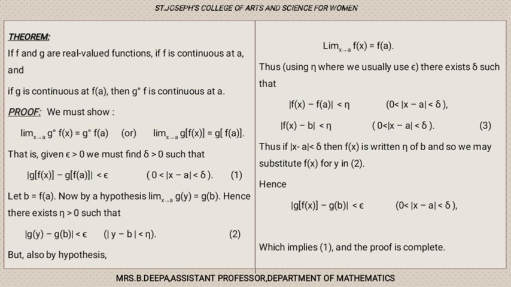We know that f of a equals b, so modulus of f of x minus b is less than eta. Thus, if modulus of x minus a is less than delta, then f of x is within eta of b, and so we may substitute f of x for y, hence modulus of g of f of x minus g of b is less than epsilon. This completes the proof. Thank you.